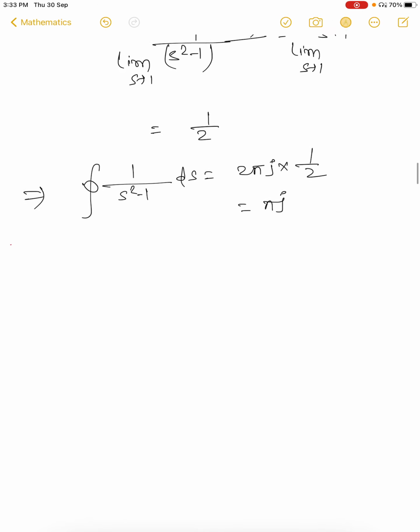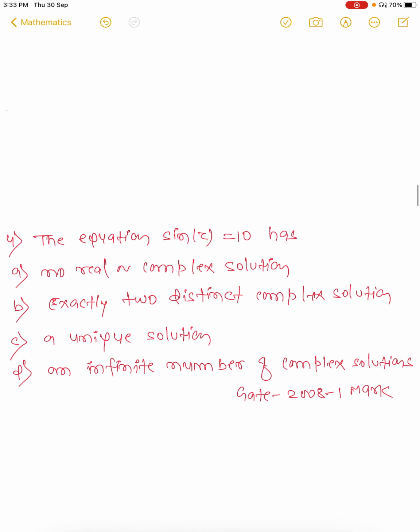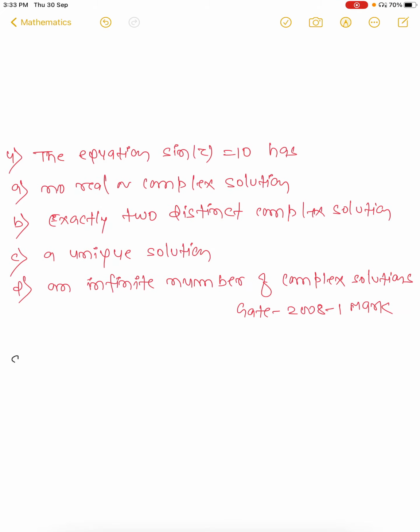Option A will be the right answer. Now comes the next question. The equation sin z is equal to 10.